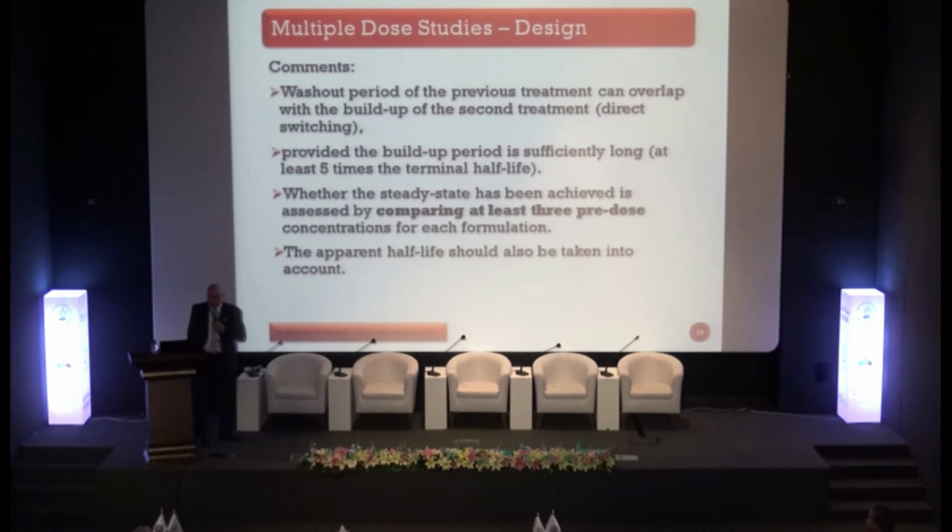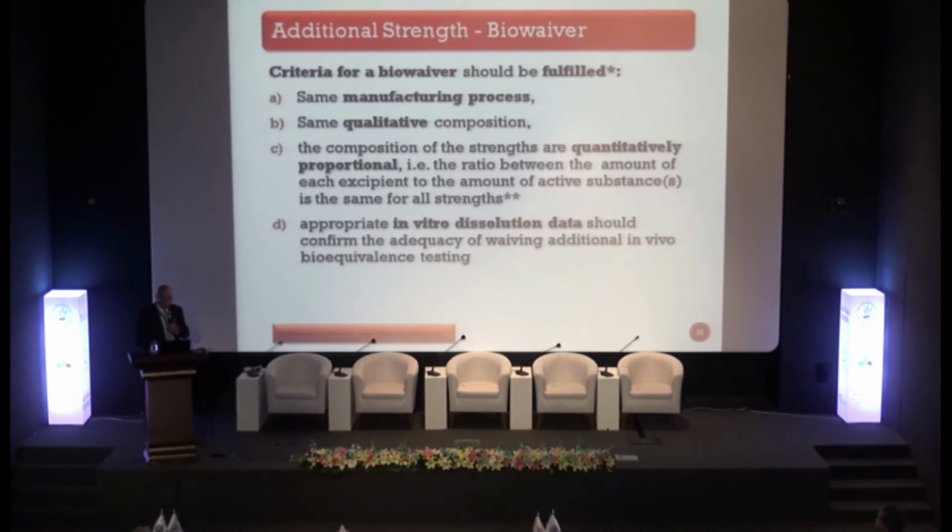And honestly, I don't know how the formulator can tell what to do for the formulation to make sure the last 3 pre-doses comply with the requirement. This is very hard.